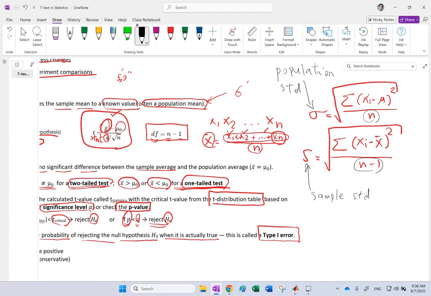In population, you have lots and lots of data. In sample, you only have a limited number of data. So if we subtract this 1, we can say that as n gets bigger and bigger, this S ultimately will approach the sigma. But if I use n in this formula, as n gets bigger and bigger, S will not approach sigma. S will have a difference with sigma, which we call bias.